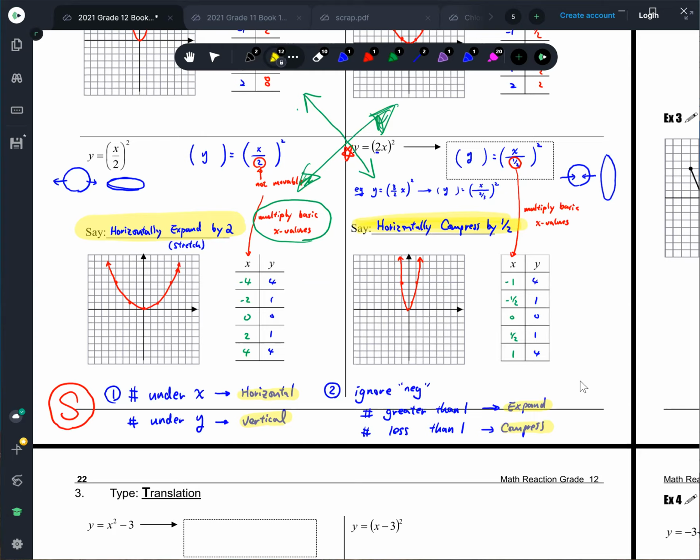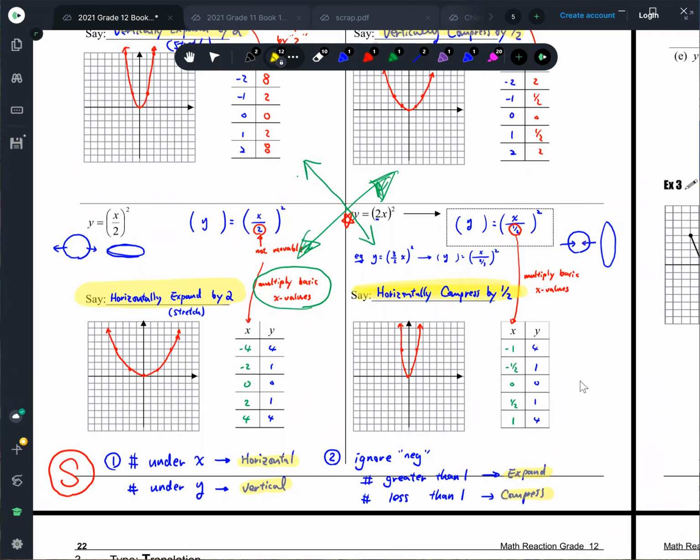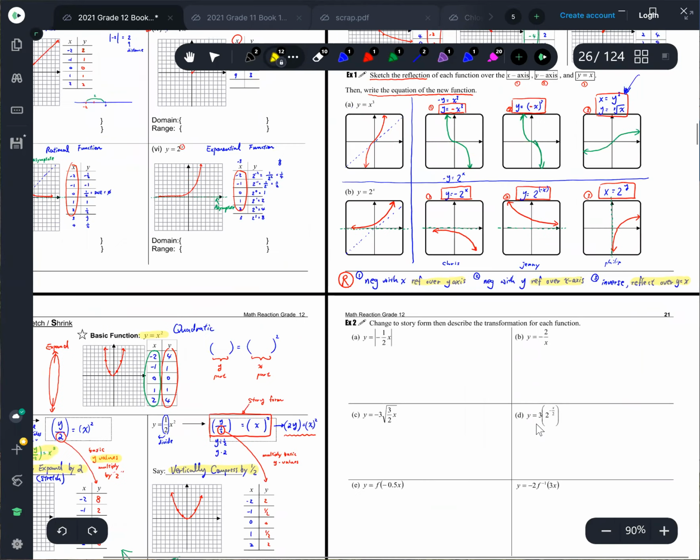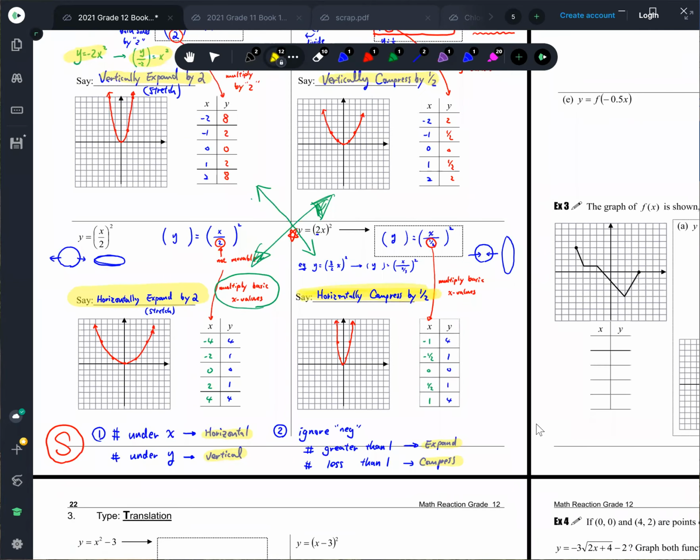I'm just going to make up a few questions first to practice these rules. So please raise your hand once you finish writing these ones. Make sure you memorize the rules for reflection at the bottom of the page, and then the rules for the stretching and shrinking, or you call that expand or compressing.